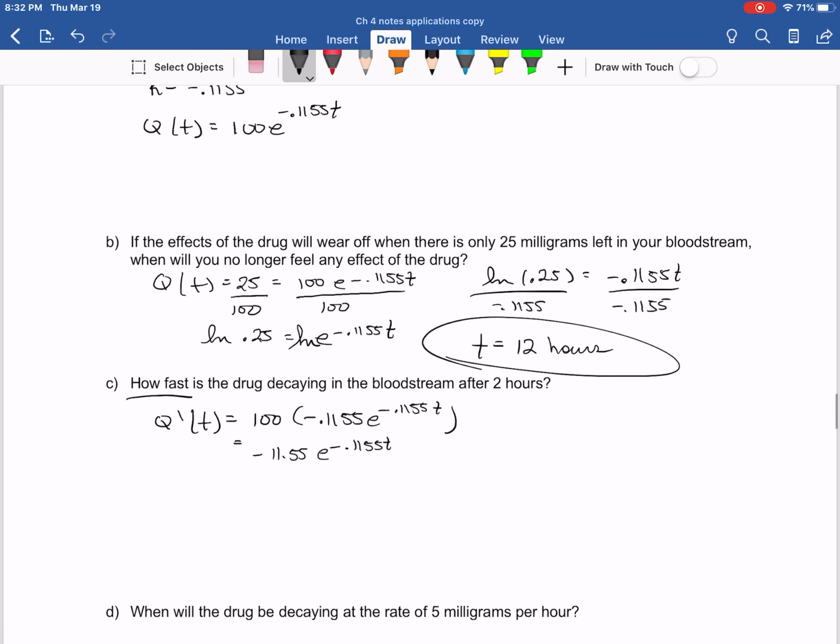Okay, and again, we want to figure out what this value is. How quickly is the drug getting worked out of the bloodstream when t is equal to 2 hours. 2 hours later, how quickly is this reduced in the bloodstream?